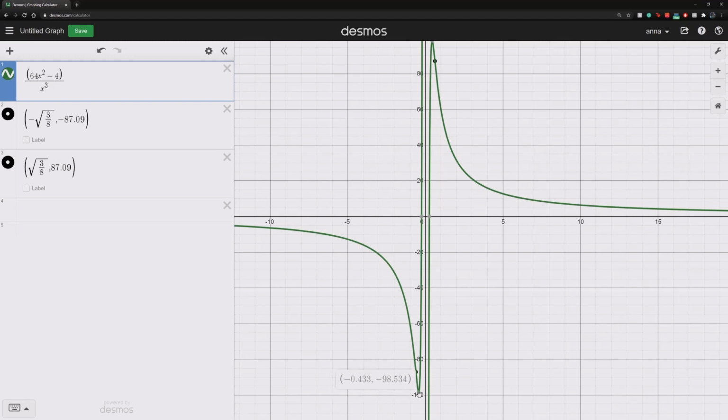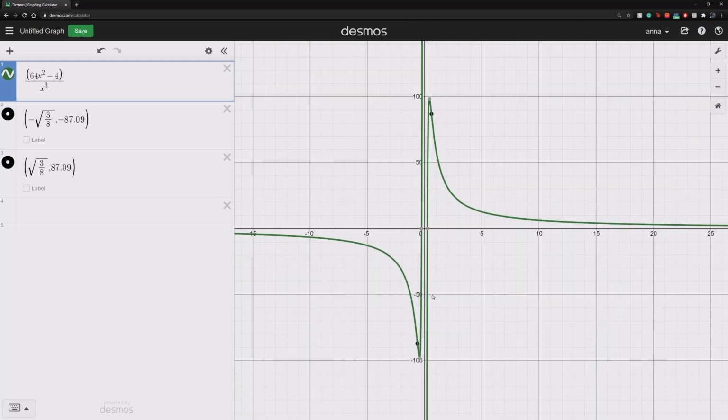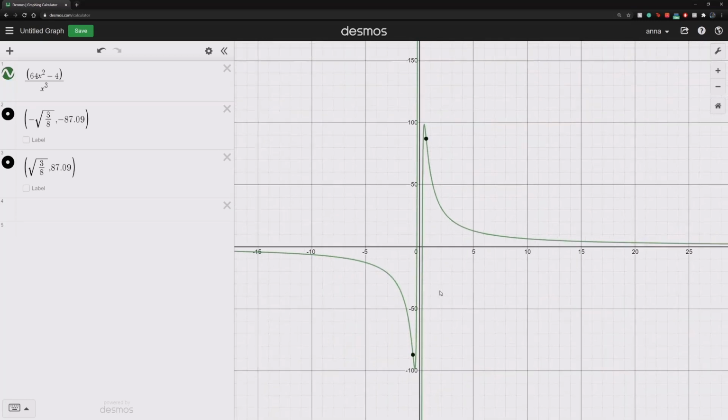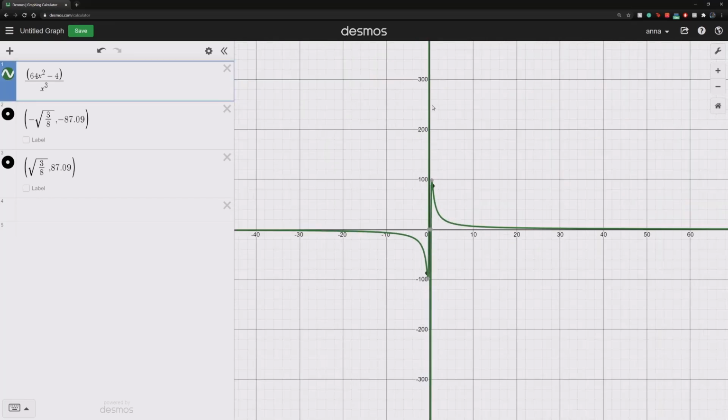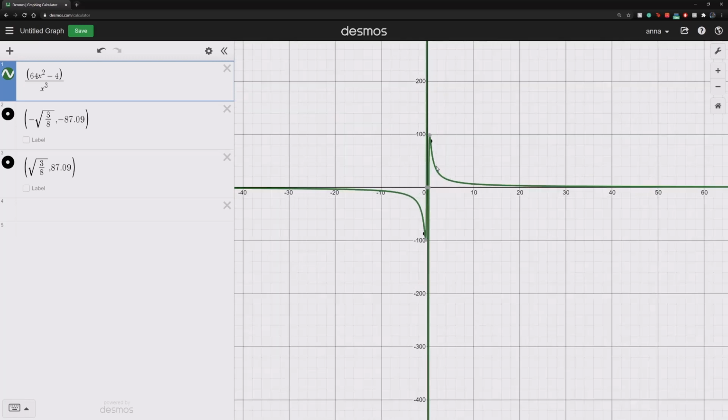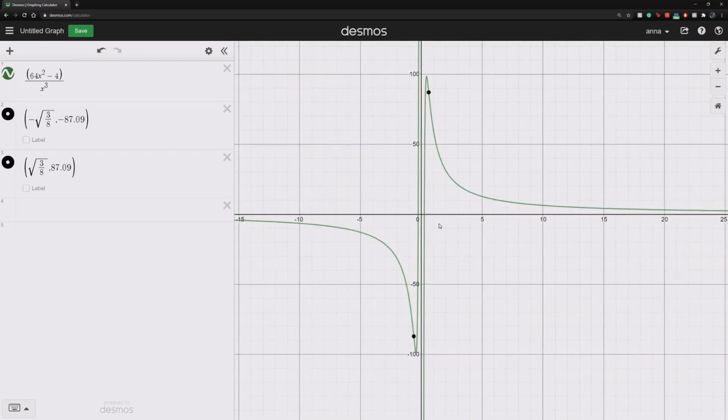But if we continue looking at what happens on our graph, we could see that it's going up, which is concave up, all the way to positive infinity, right? Because here, as we said, at 0, we should have a vertical asymptote. As you can see, we keep approaching those values, but we never get to 0. So that means we found that out correctly.